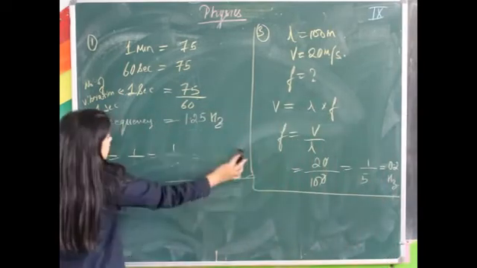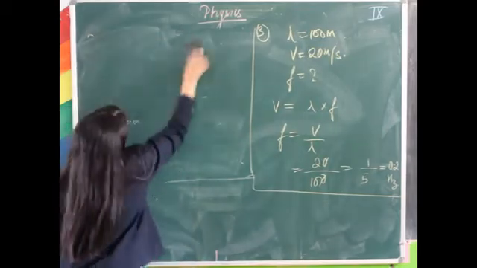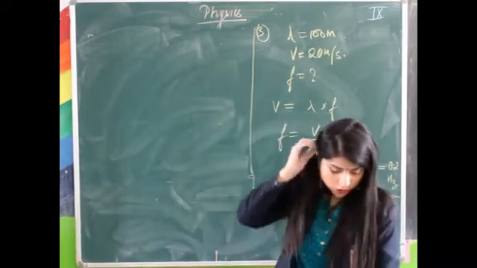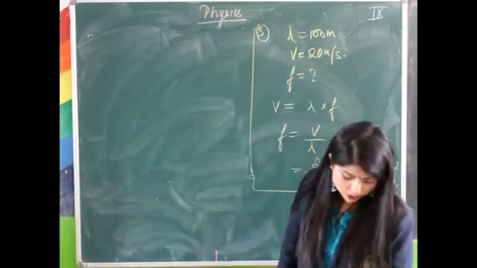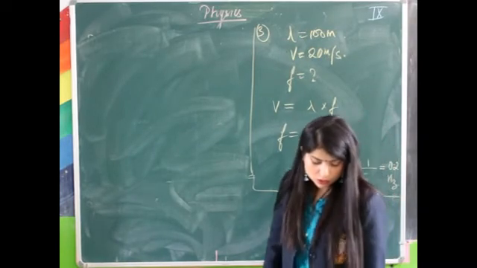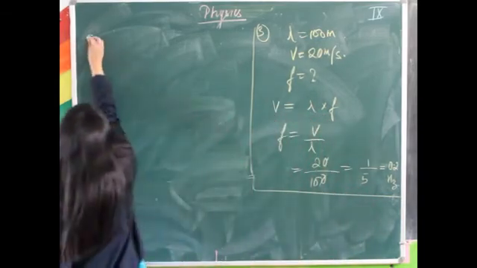Now question number 4. The last question I'll do is question number 4. The longitudinal wave travels at a speed of 0.3 meter per second and the frequency of the wave is 20 Hz. So in this question, what is given is the wave velocity.